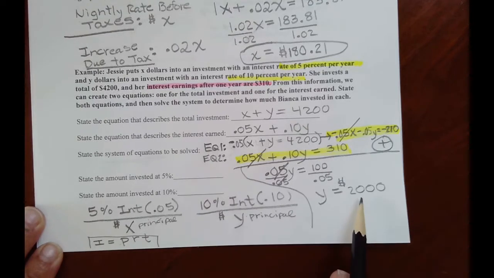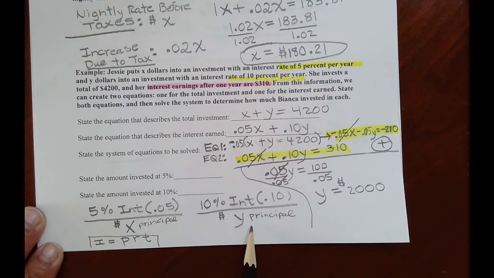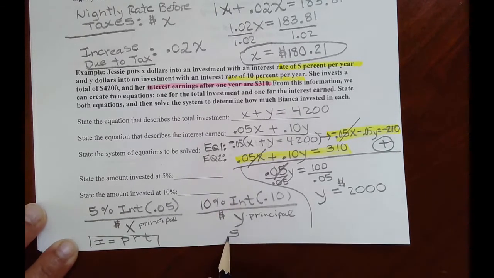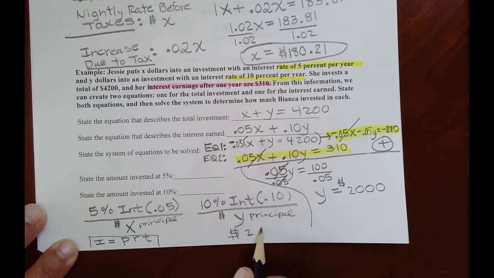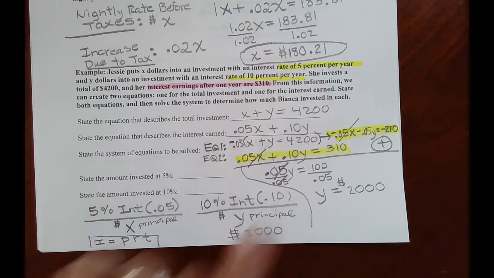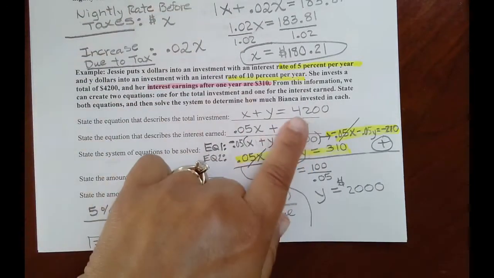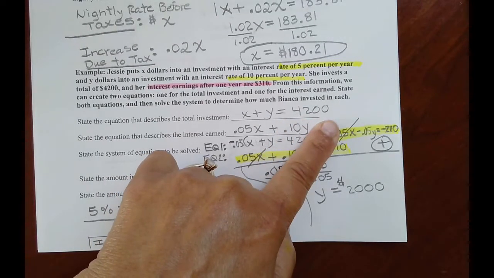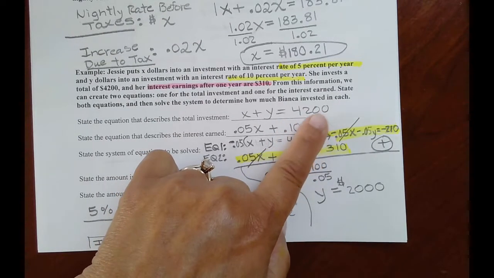So y is 2,000. y stands for the amount that was given at the 10% interest desk. So 2,000 was given here. And then I believe they said that in this problem, a total of 4,200. They walked into the bank with 4,200.